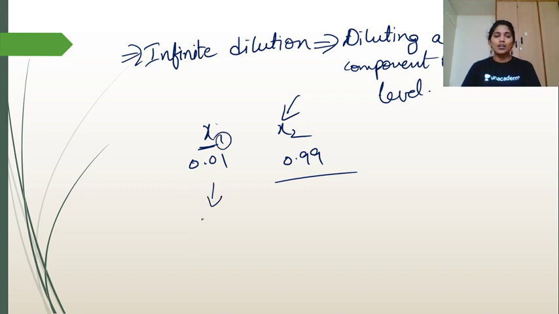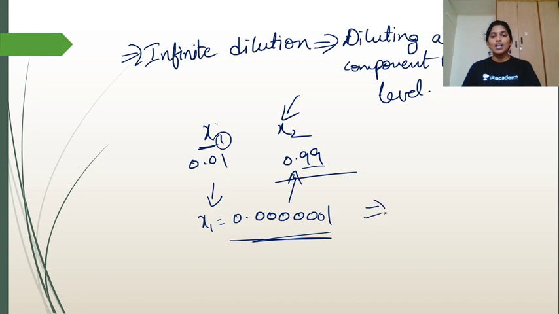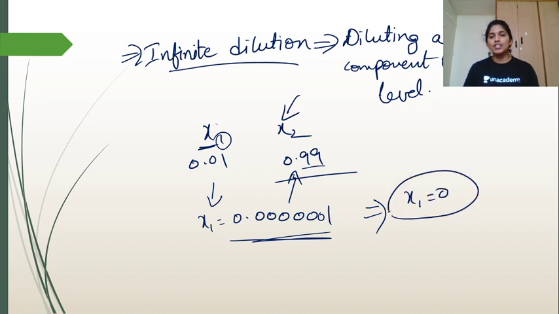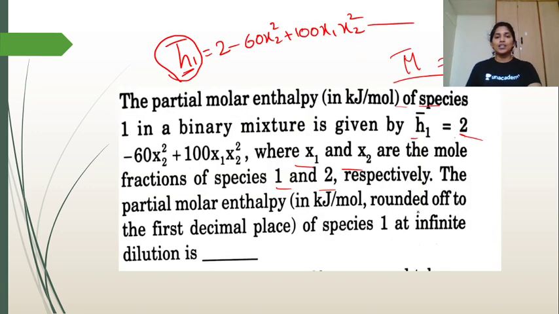After a long time, its value will be very much lesser, so when you compare the values, is it recognizable? No, right? So if they say that there is an infinite dilution of species 1, then the mole fraction of that component is 0. And they want us to determine the partial molar enthalpy in kilojoules per mole of species 1 at infinite dilution.